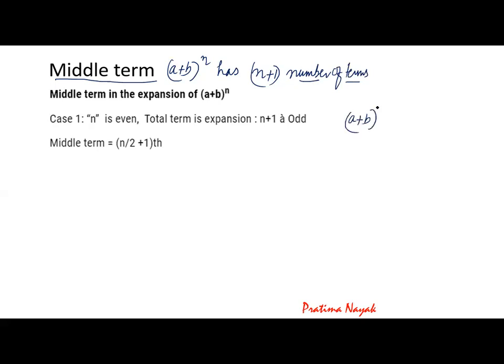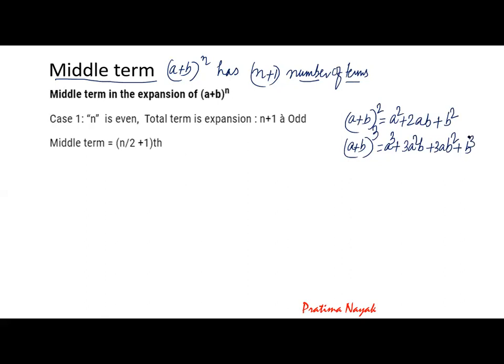You know that it is A square plus 2AB plus B square. How many terms does it have? It has 3 terms. Similarly, if I write A plus B whole cube, it will be A cube plus 3A square B plus 3AB square plus B cube. It has 4 number of terms.